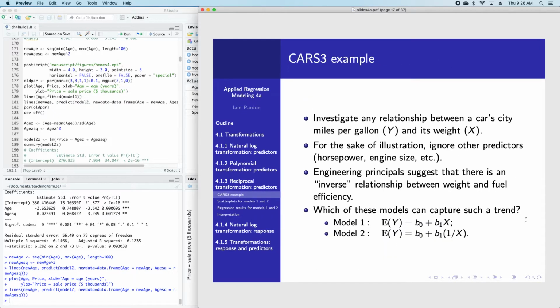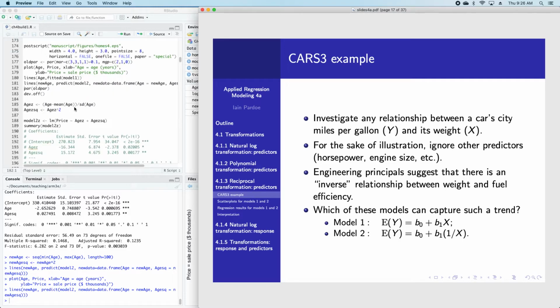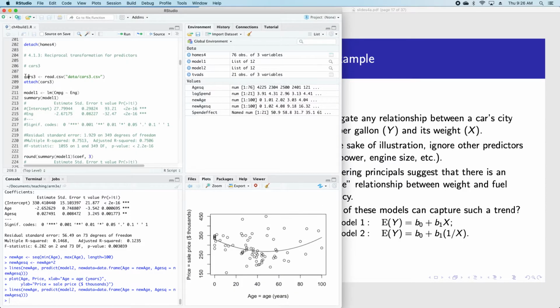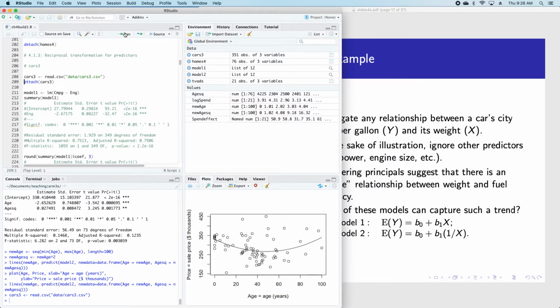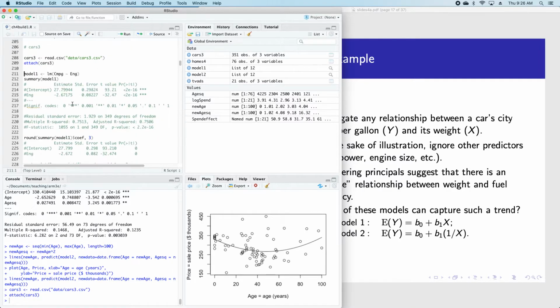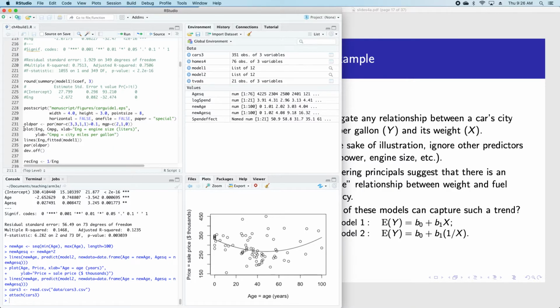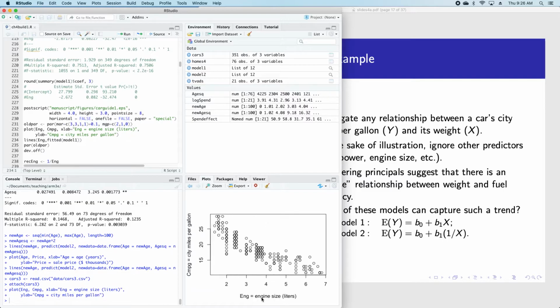So let's just quickly end up with one final example where we use the reciprocal transformation, and here we're looking at data for cars, and let's just actually look at the data. So we've got engine size, and we've got fuel efficiency in miles per gallon, and we can see that there's a bit of a curved relationship here, and it's an inverse relationship.